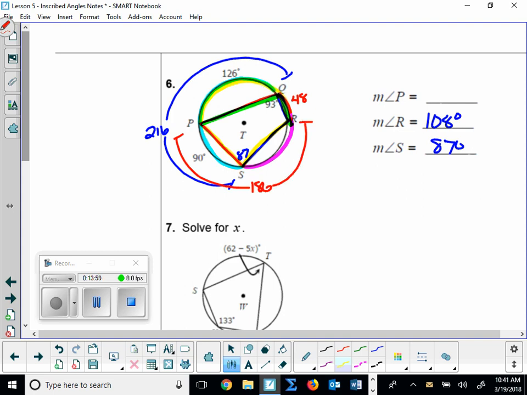Subtract out the 90 that I already have, and this piece is 96. So now I can get angle P. 96 plus 48 is 144. Divide that in 2, and my angle is 72 degrees. That one was fun. That one was a lot of fun.